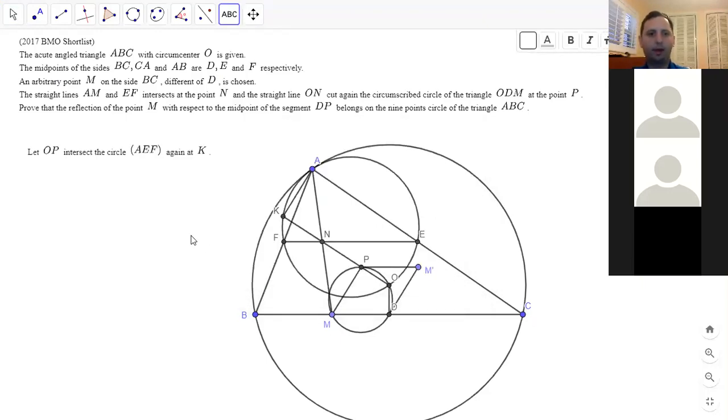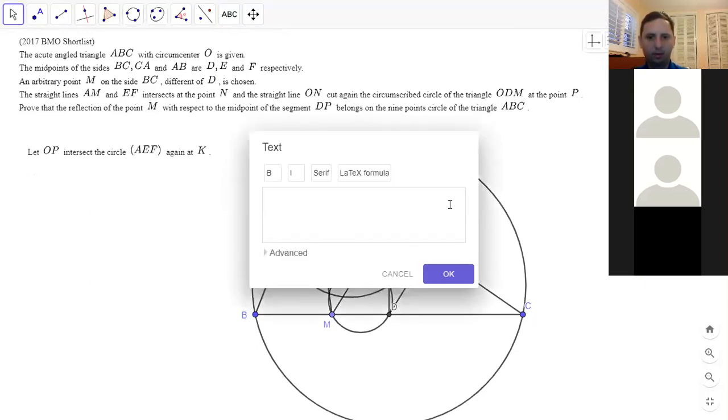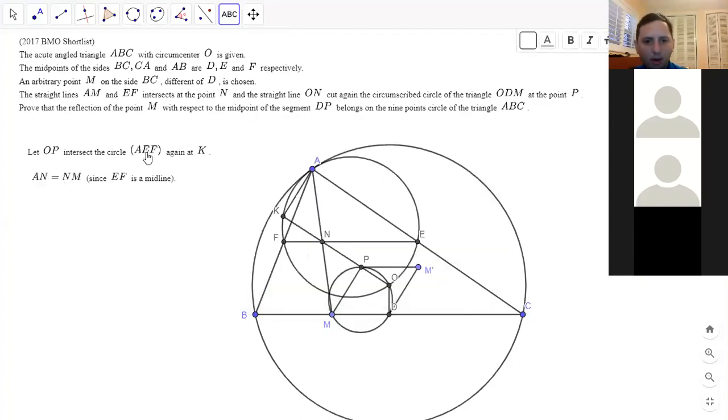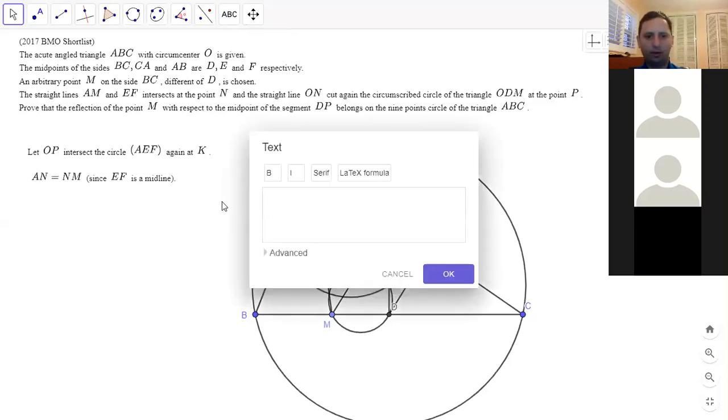So first of all, we have AN equals NM. And since EF is a midline, we have AO is a diameter of the circle. So angle AKO equals angle AFO equals 90.